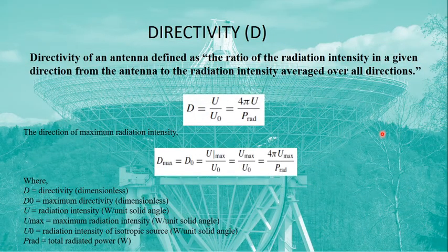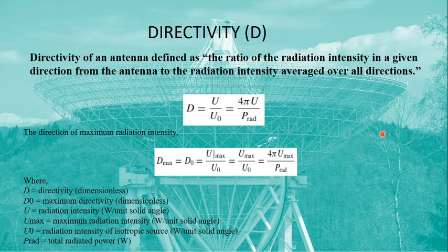The next term is directivity, and this is a very important term as far as antennas are concerned. Directivity implies how directional an antenna is, which means whether I am able to transmit my radiation in one particular direction, or receive my radiation from one particular direction.